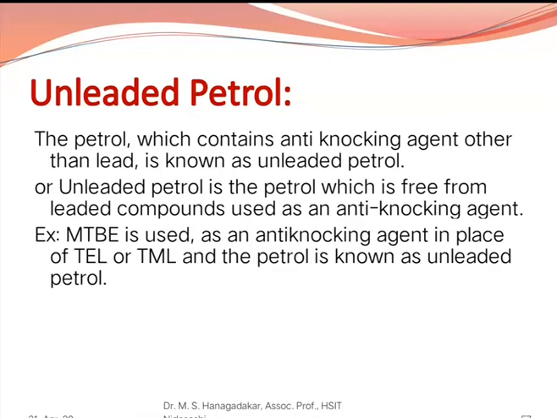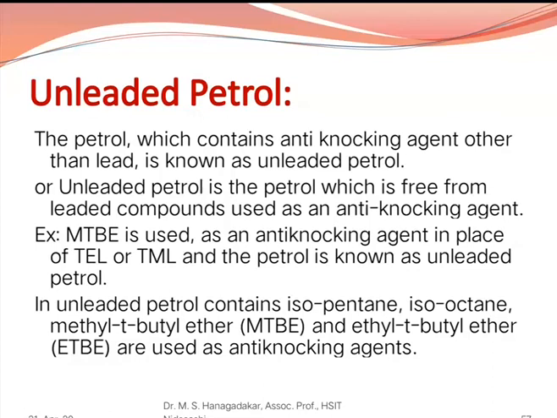Let us give a particular example here. Methyl tertiary butyl ether is used as the anti-knocking agent in place of TEL and TML in the petrol. That petrol is known as unleaded petrol.